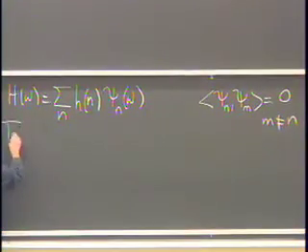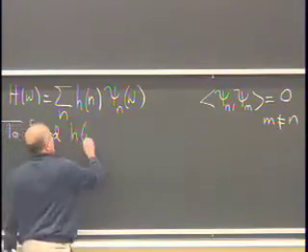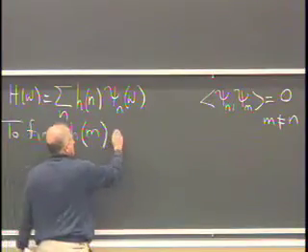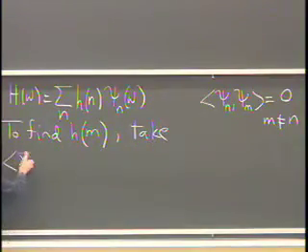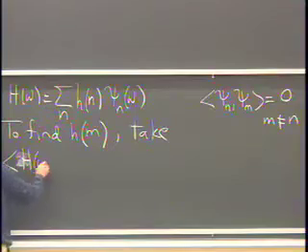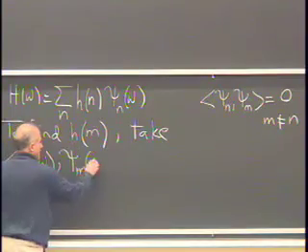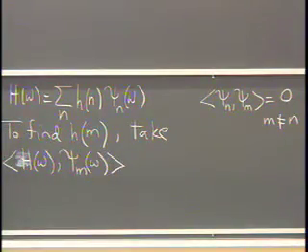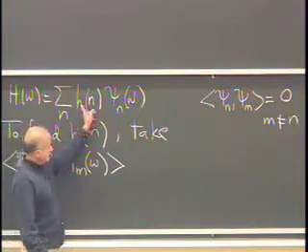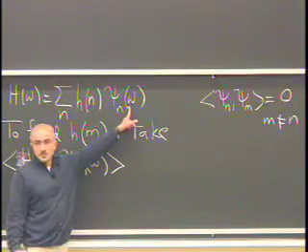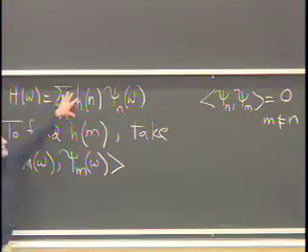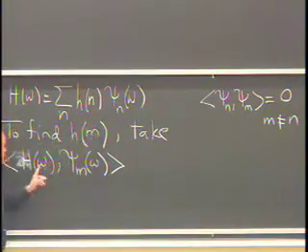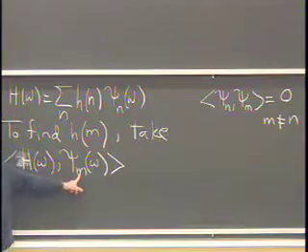To find h of n, or I should say to find h of m, take the inner product of h, I'm going to put the omega in here, with sigma m. That was our standard trick, right? We've got a linear combination of a bunch of these functions that I'm claiming, but have not yet proven, are orthogonal. And to find the nth coefficient or the mth coefficient, I have to project h onto the mth function.